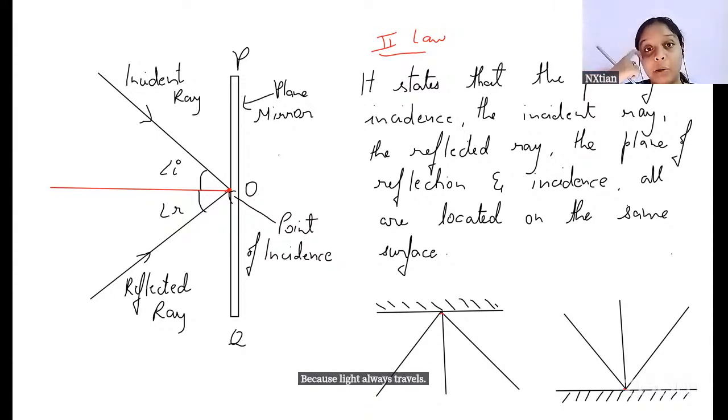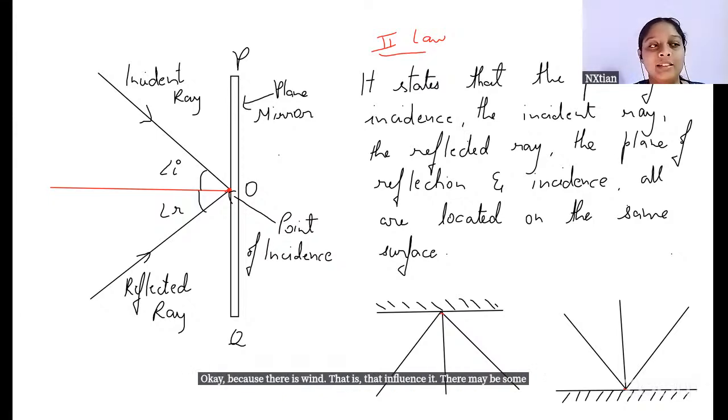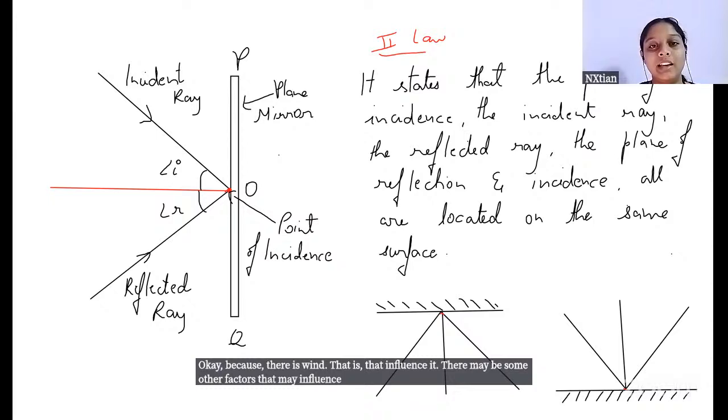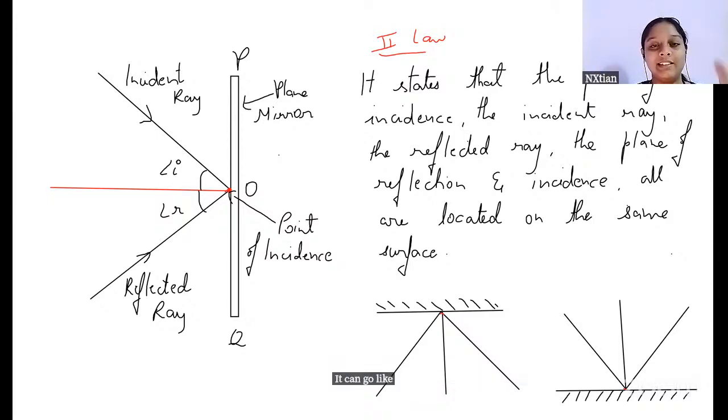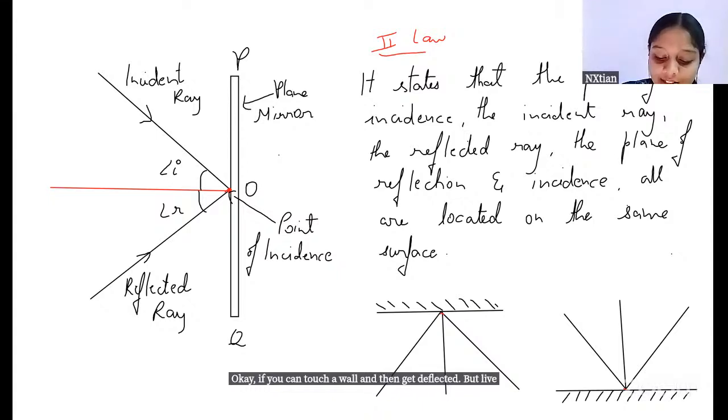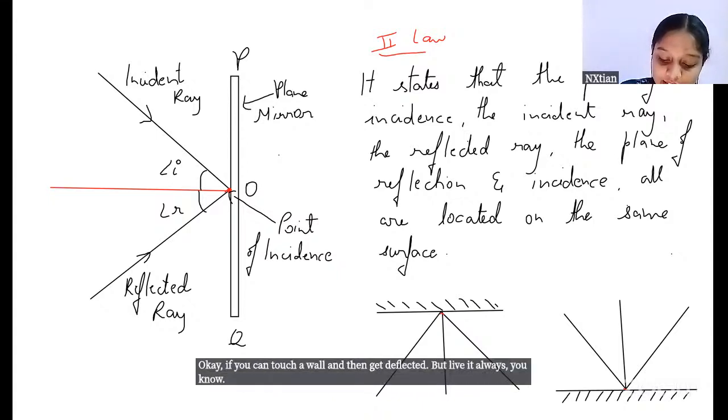If you kick a ball, it might not travel in a straight line, because there is wind that may influence it. There may be other factors that influence the direction the ball goes in. It can go like this and then like this also. It can touch a wall and then get deflected. But light always travels in a straight line.